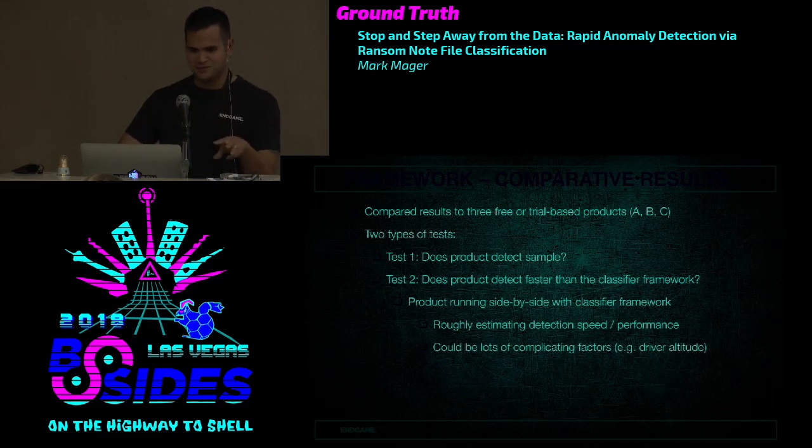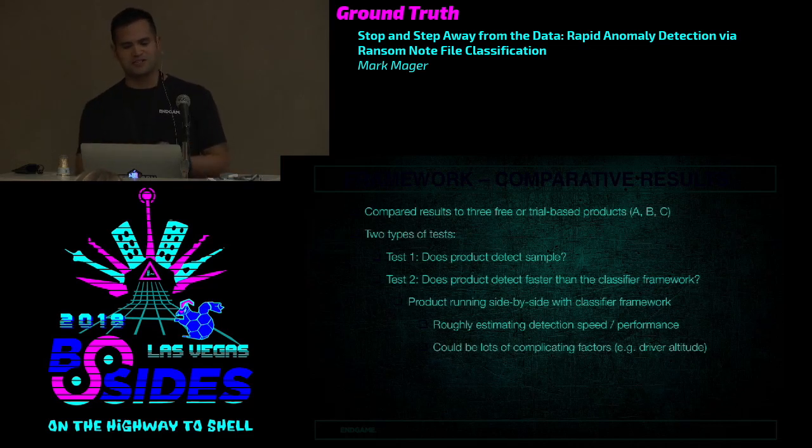So we're going to be doing 2 very, well, unscientific tests here. Test 1, does the product detect the sample? That's extremely straightforward, so not pulling any punches there. Test 2, we're trying to detect which is faster, the classifier framework or rival product A or B or C.